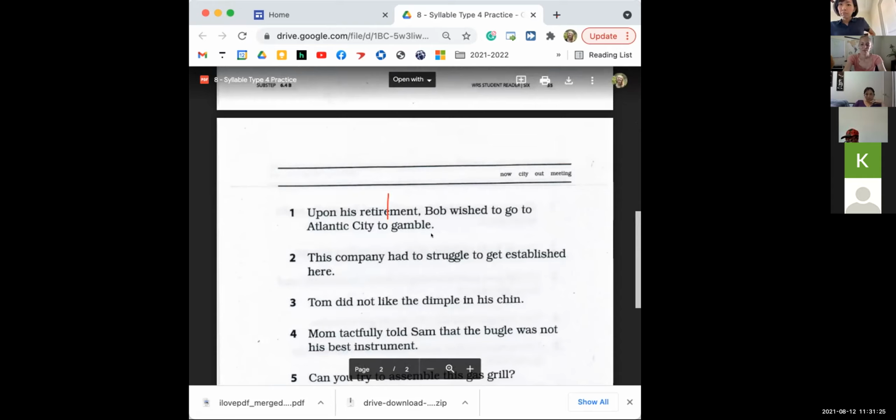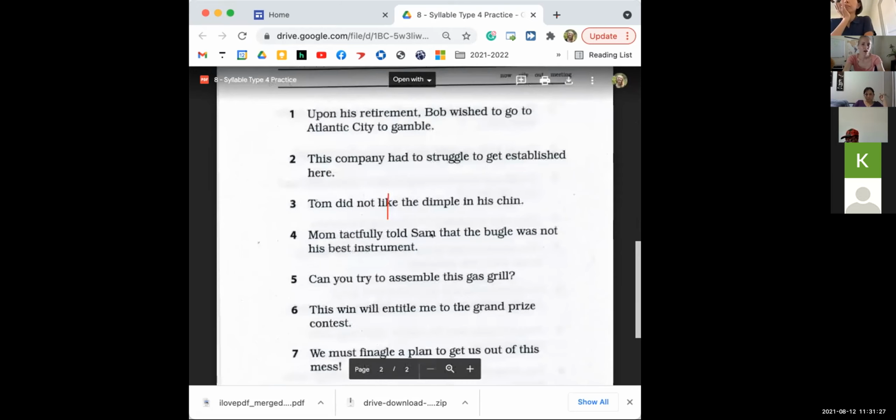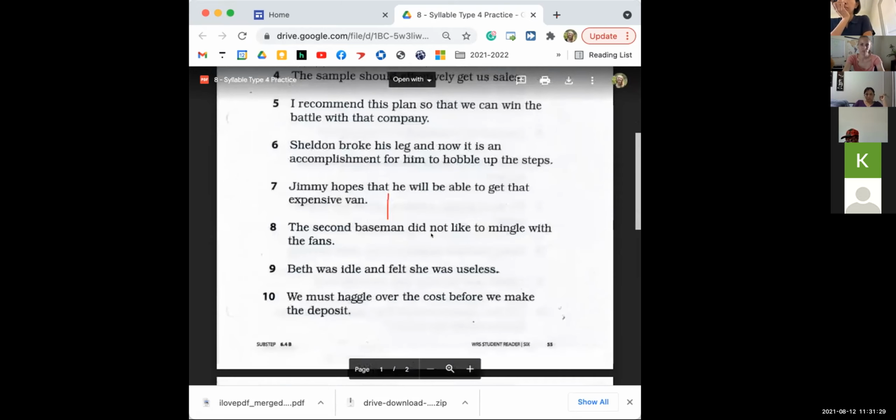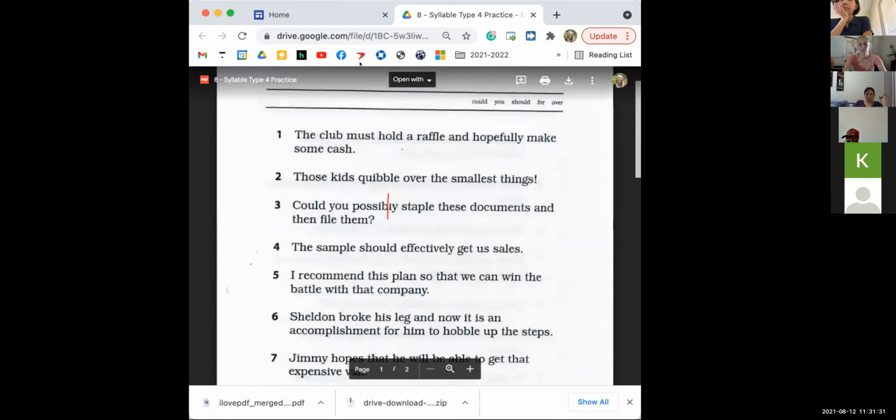There's 2 pages and you will not finish all of these sentences. We don't have time today, but I think together with your group, you can get through a couple of them. What I'd like for you to do is read the sentences together, find those words with the consonant LE, and practice the division and pronunciation of those words.